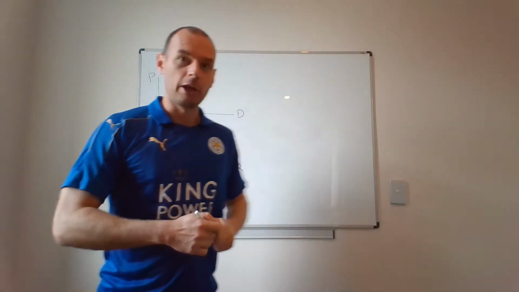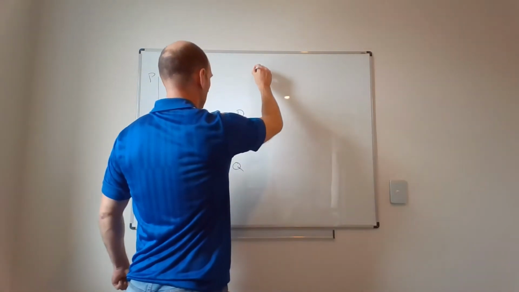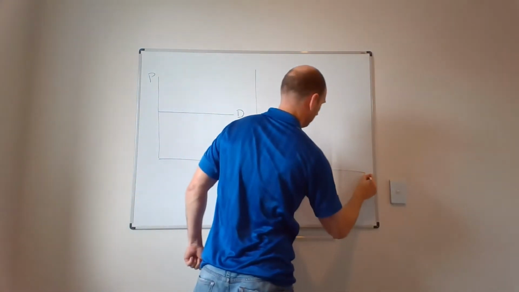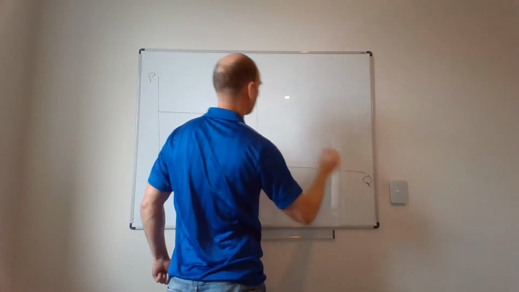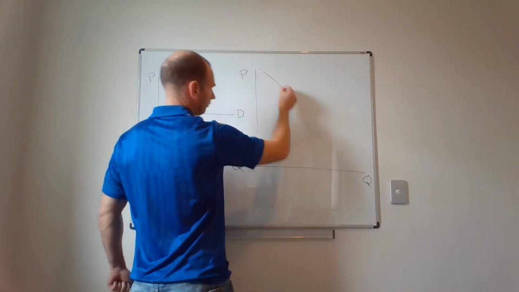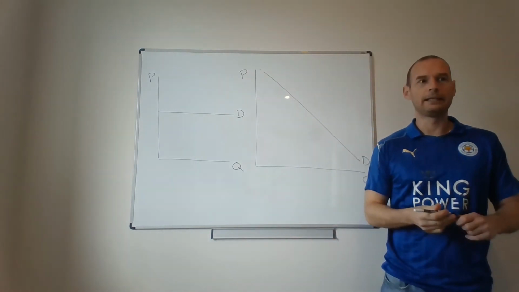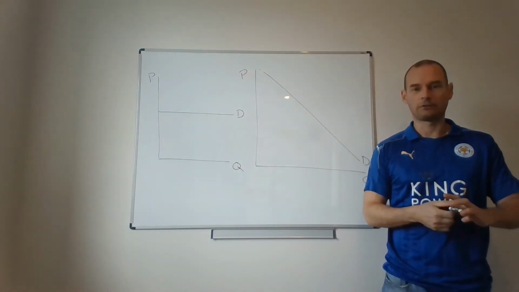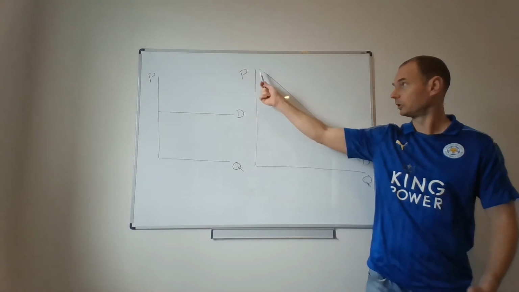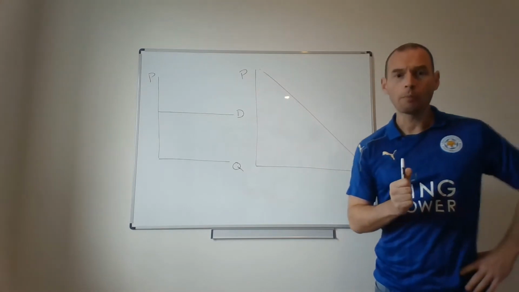A monopoly, on the other hand, faces the entire market demand. We know that in 99.99% of the cases, demand is downward sloping.